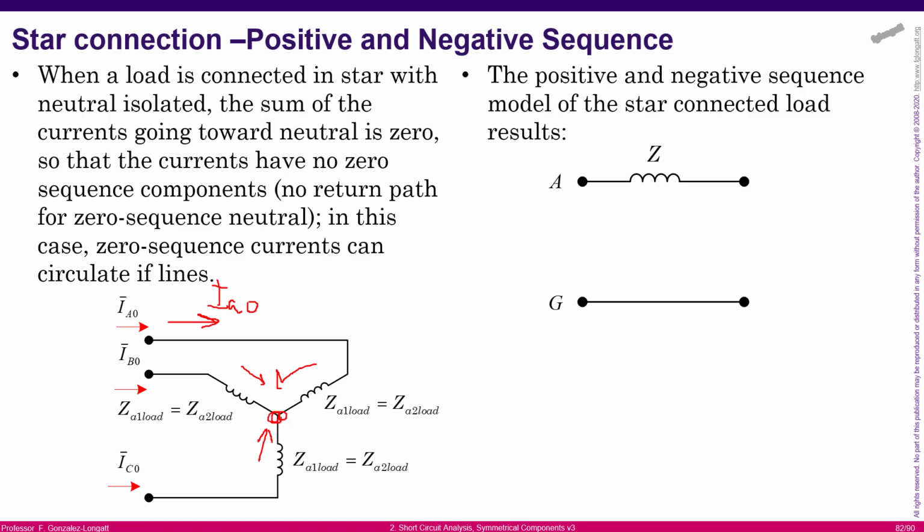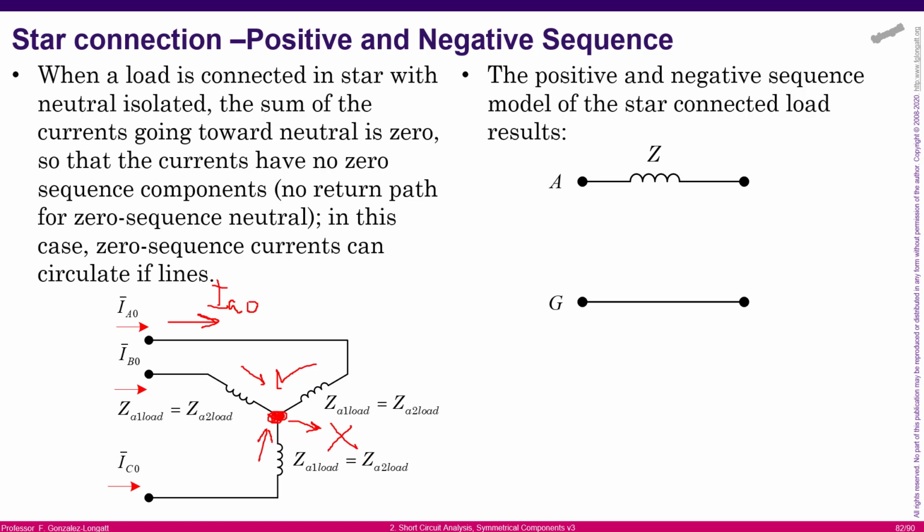When it arrives at the neutral point, there is no way to go anywhere else. And as a consequence, the neutral point is floating, or isolated, or disconnected from ground, and it's impossible to have any kind of zero sequence.